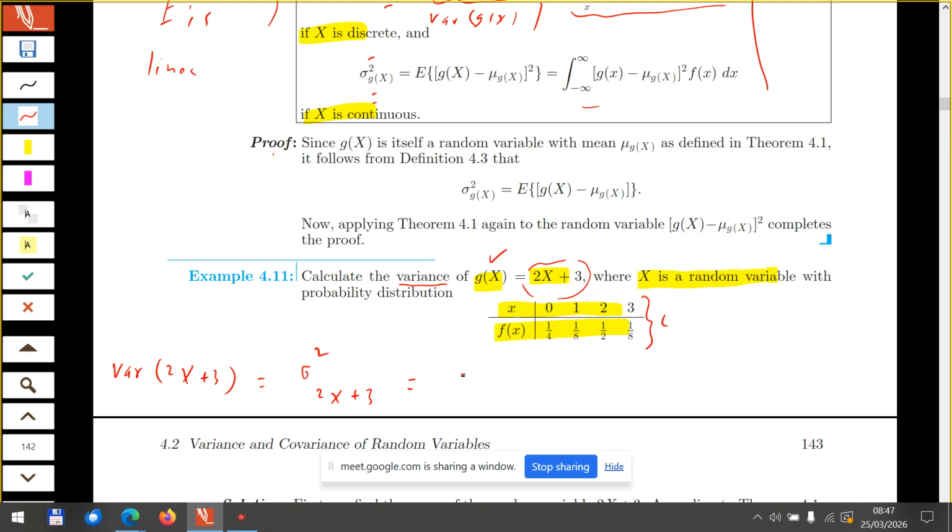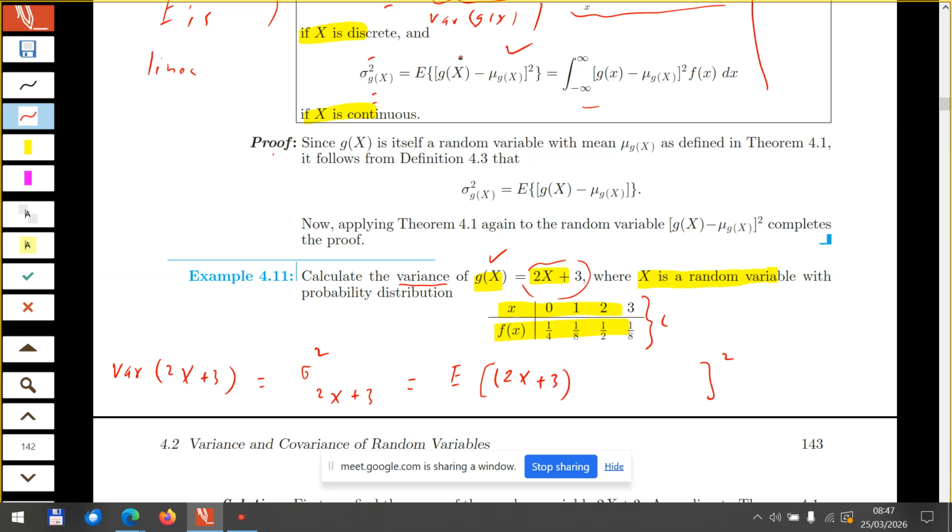And this will be expectation of, what do you want to write? You want to write this thing, yeah? So first you have to write the square, right? And then 2x plus 3.